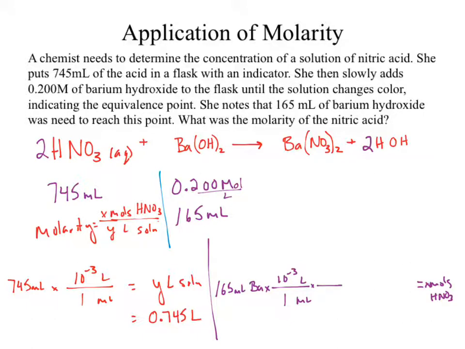Can I convert the liters of barium hydroxide to anything? I can convert it to moles using molarity. So liters of barium hydroxide, moles of our barium hydroxide. We know 1, and it's not a 0 in there, is there?